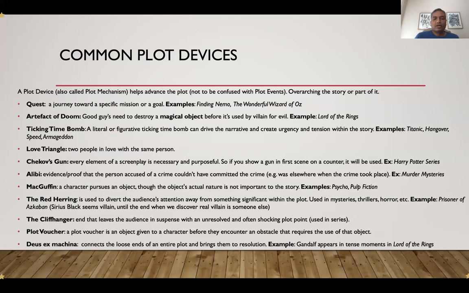Alibi. I'm not going to talk about this a lot because you all know this. This is a term used for showing evidence or proof that the person typically charged with a crime was not there. The person was somewhere else, right?